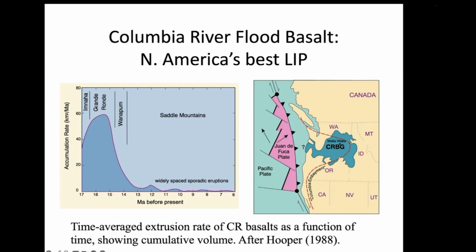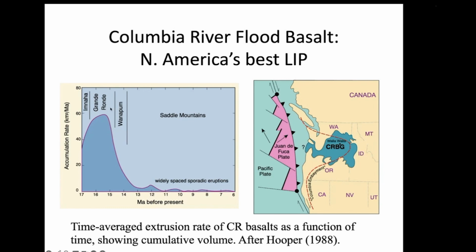So there's three great sequences, actually four. There's the Imnaha, the Grande Ronde, the Wanapum, and the Saddle Mountains. And you can see the Saddle Mountains is all of this very low volume and just keeps on putting it out a little bit, dribs and drabs, for a very long period of time.